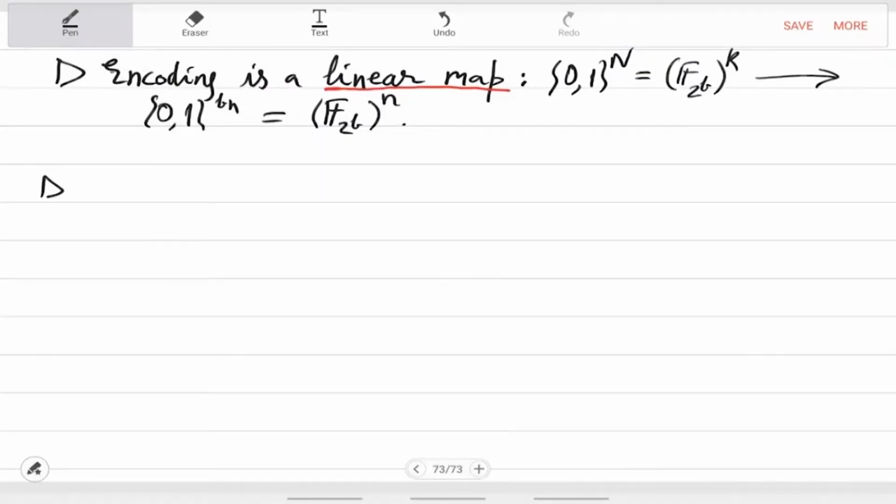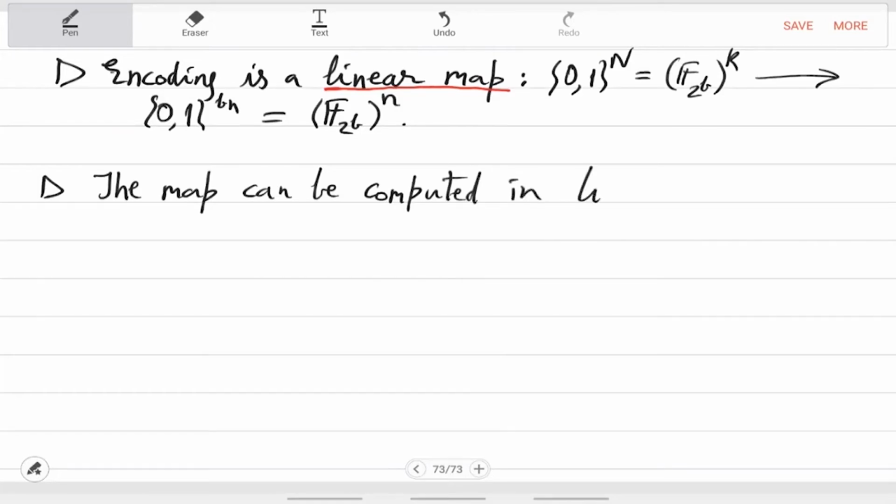So this map can be computed in how much time? What do you think? You are doing it little n many times, and how much time will it take to compute p at ei? P was a degree k polynomial, right?